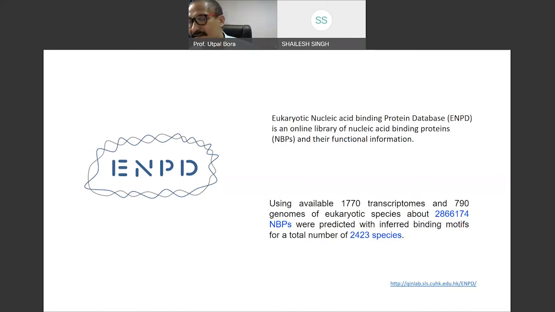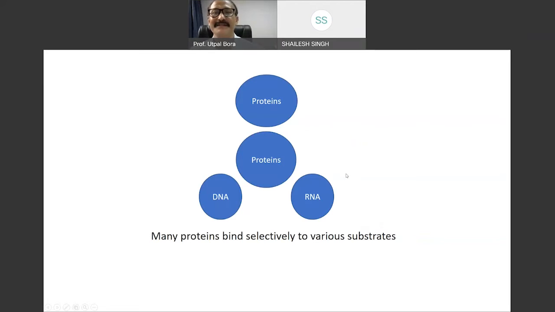And you can see the huge number of 2,866,000 nucleic acid binding proteins getting predicted. And this was distributed across 2,423 species.